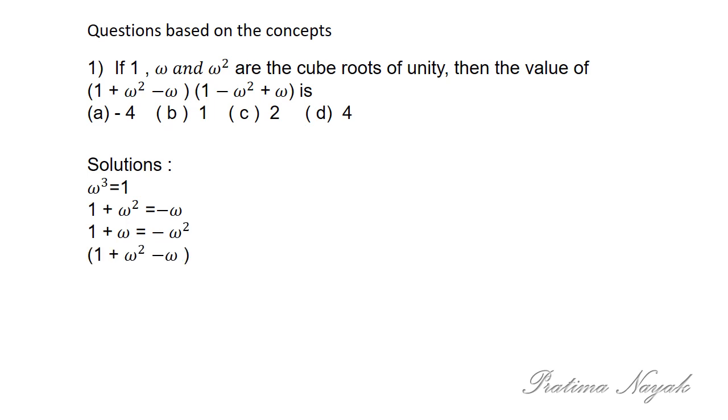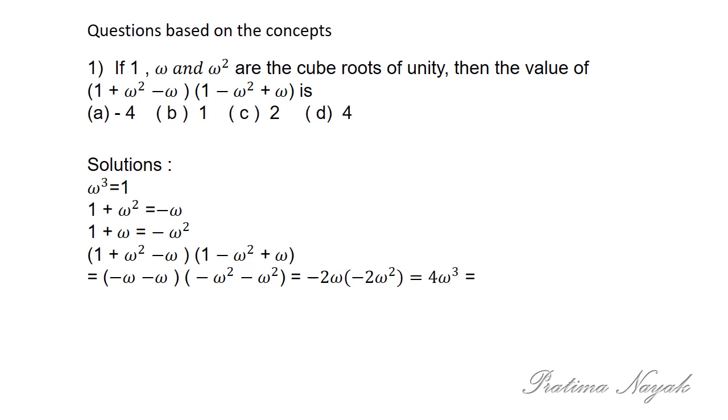So in the first term, in place of 1 plus omega square, we'll put minus omega. And in the second factor, we'll put 1 plus omega is equal to minus omega square. So first will become minus omega whole into minus omega square minus omega square. So it will be minus 2 omega into minus 2 omega square, 4 omega cube. It will be 4 into 1, that is equal to 4.